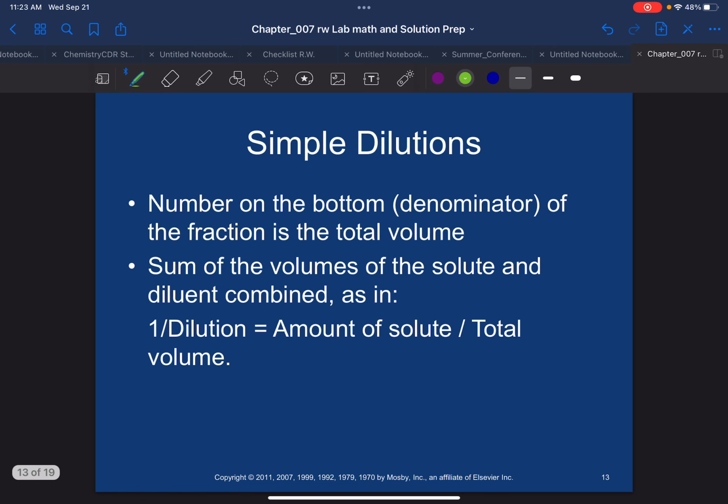The number at the bottom, the denominator, is the total volume. So again, we had 1 over 1 plus 19 equals 1 over 20. This is the total volume, the sum of the volumes of the solute and diluent.